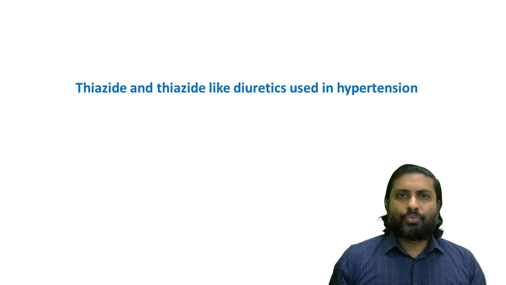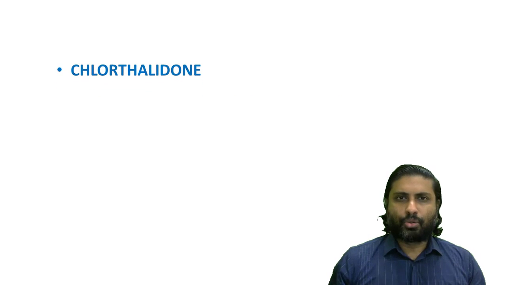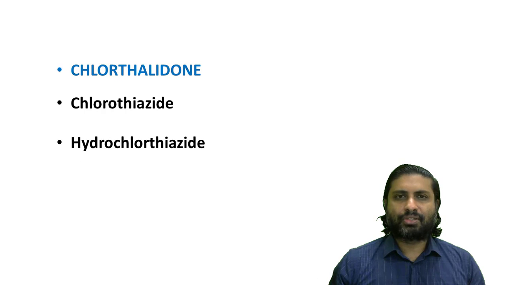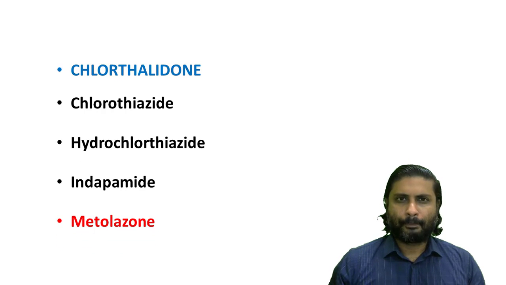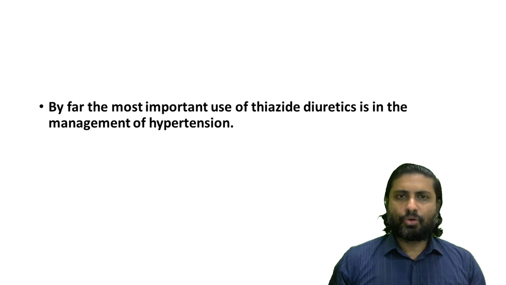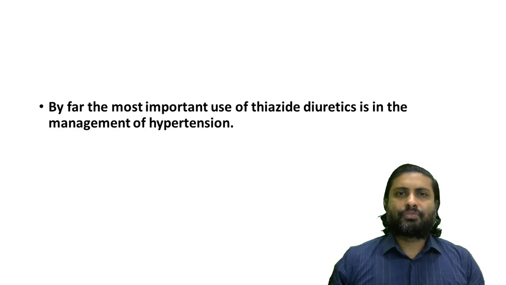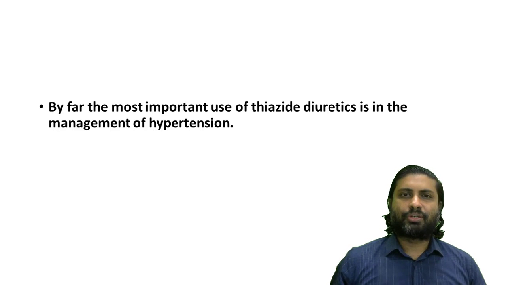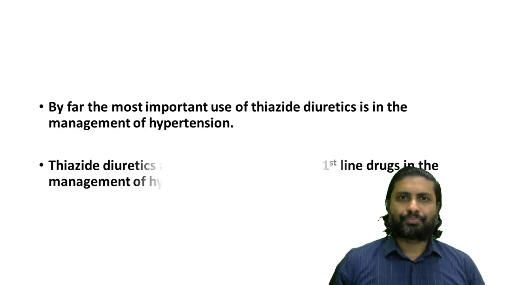Right. So we need to know the thiazide and thiazide-like diuretics. They include chlorthalidone, by far the most important example, chlorothiazide, hydrochlorothiazide, indapamide, and metolazone. Now, by far, the most important clinical utility of thiazide diuretics is in the treatment of hypertension.